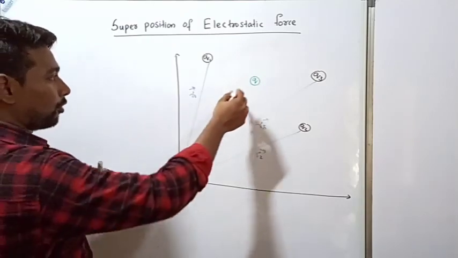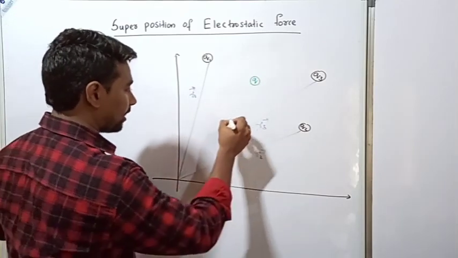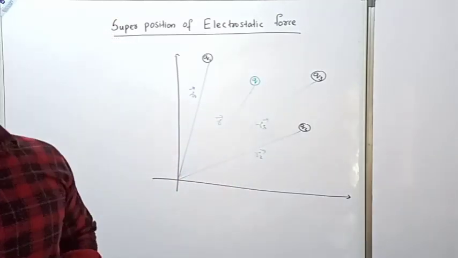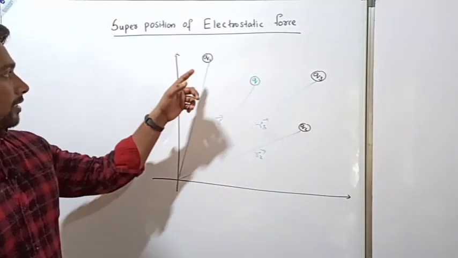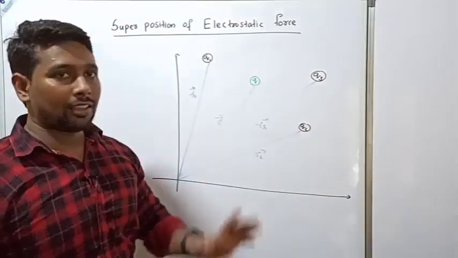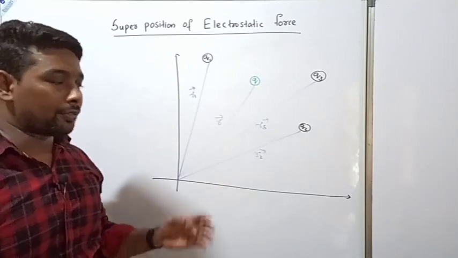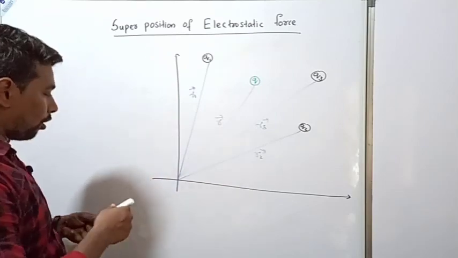And for q I'm considering the unit vector r. We can find the position vector with respect to the origin.